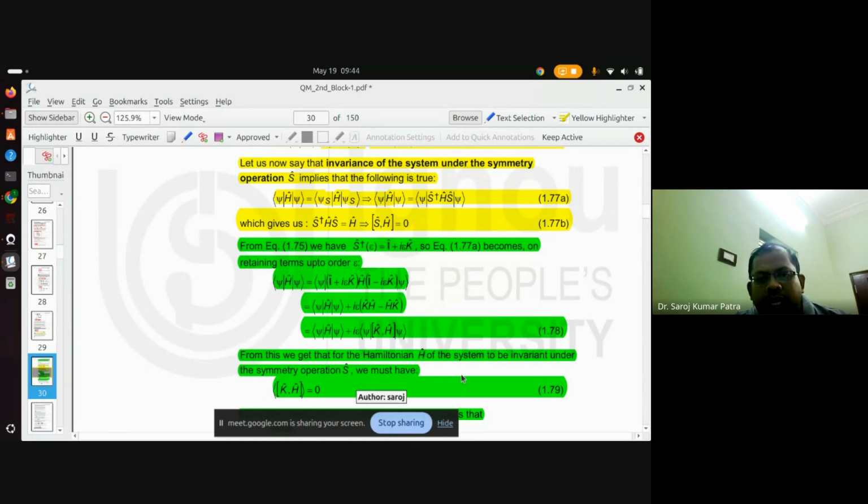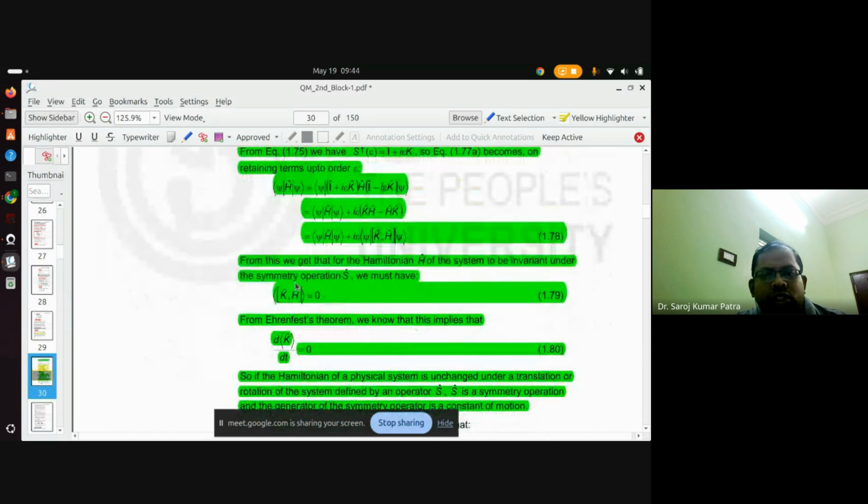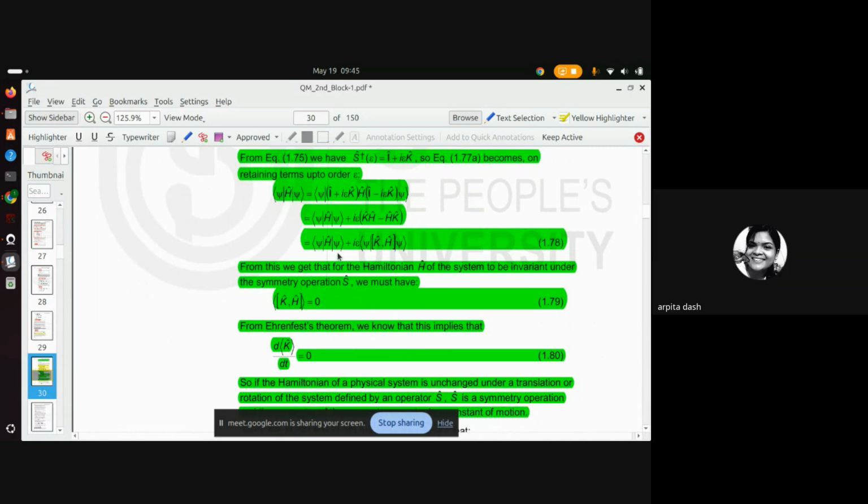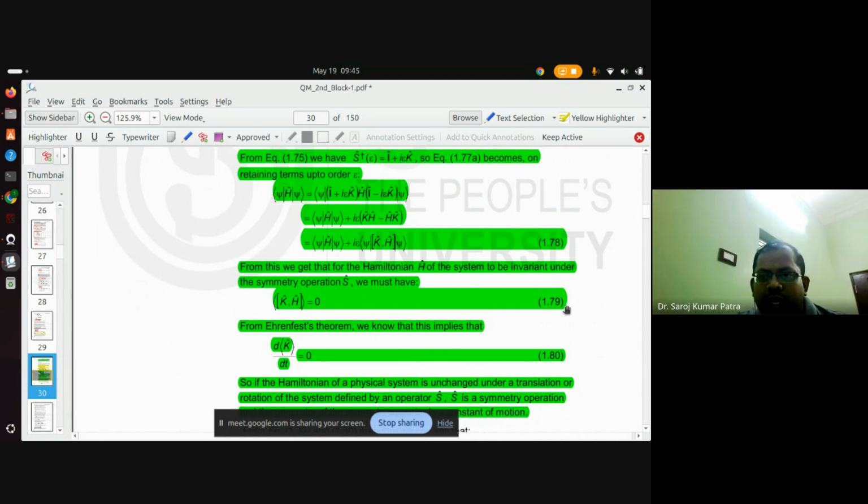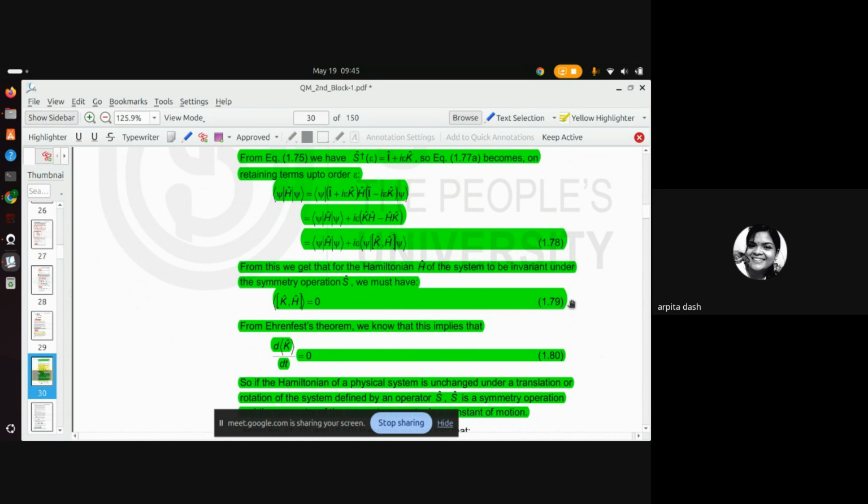So that is why the expectation of the commutator has to become equal to zero. KH commutation should be equal to zero. Is it understood how this happened? Yes, sir. Is it clear up to equation 1.79? Yes, sir. Okay.